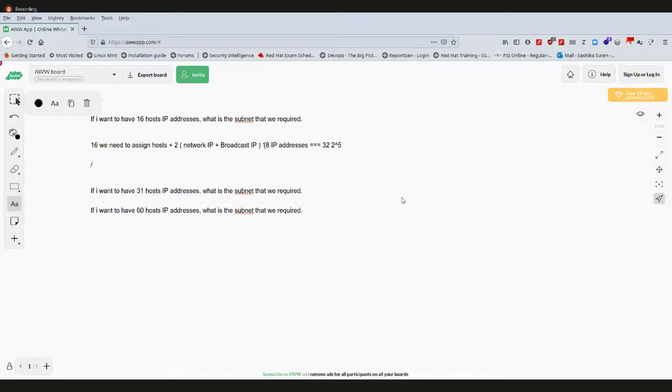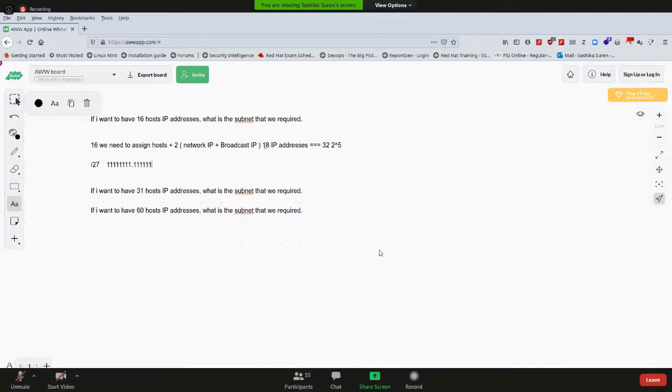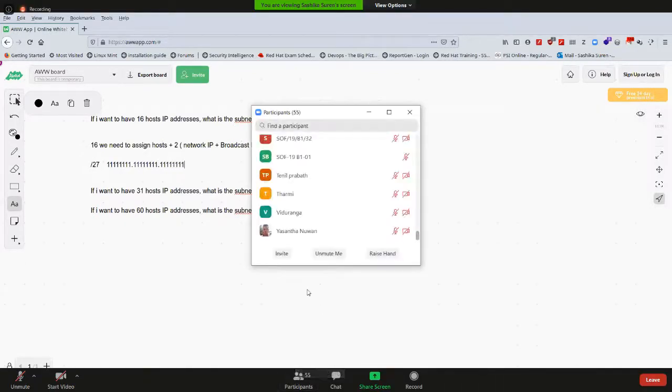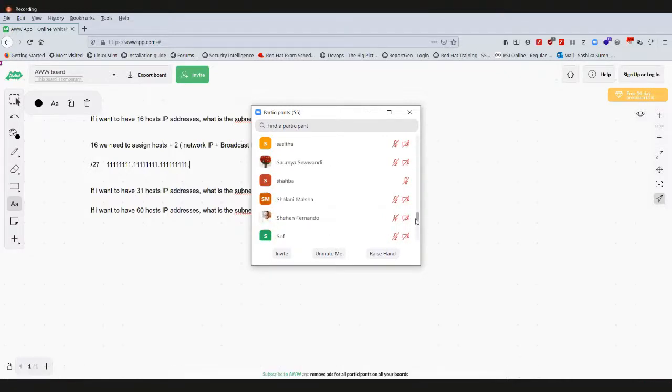That means from the 32 bits, we are having a 27 subnet mask. 27 subnet mask in the sense 24 ones, then 25, 26, 27. The rest, 5 zeros, will be assigned for the host.